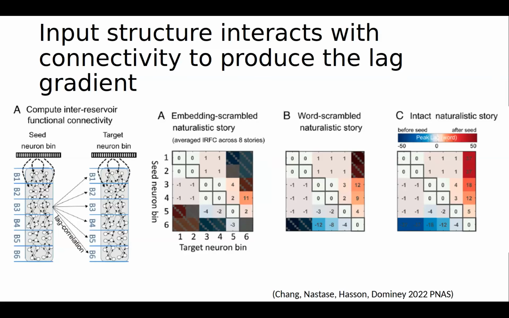Those semantic vectors from the language model will be geometrically different at that transition. And that transition is like a pulse in the input that will propagate through the network. So you need this intact semantic structure in order to find the lag gradient in the network.